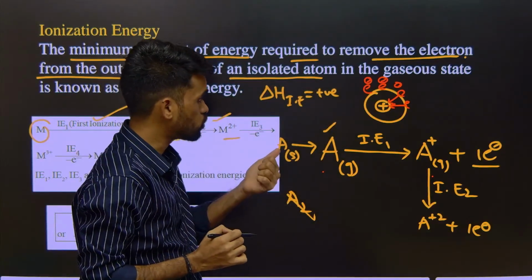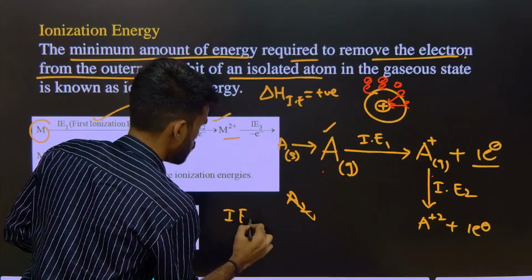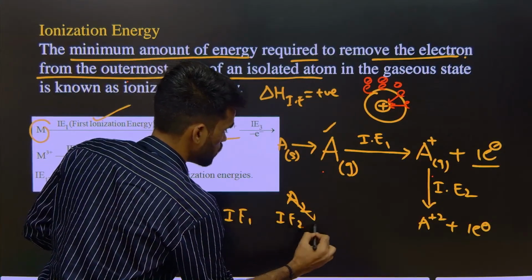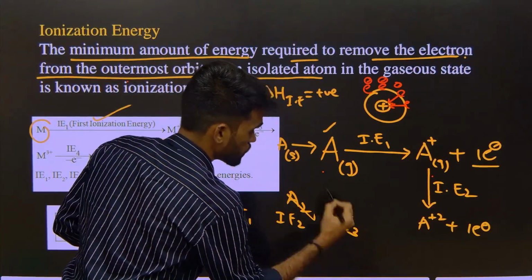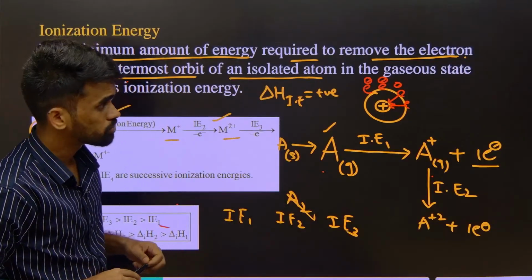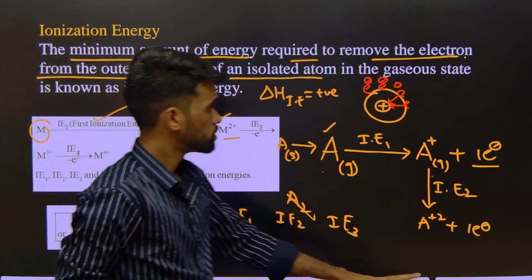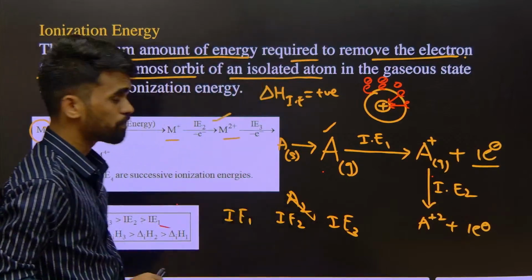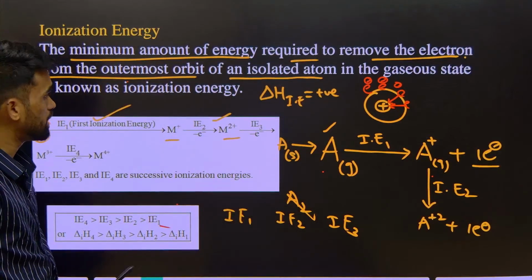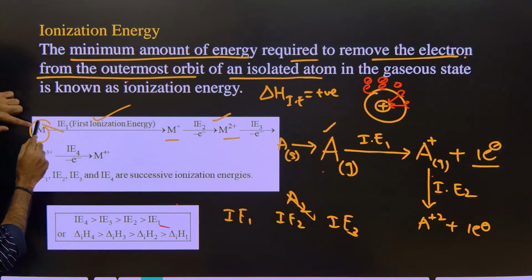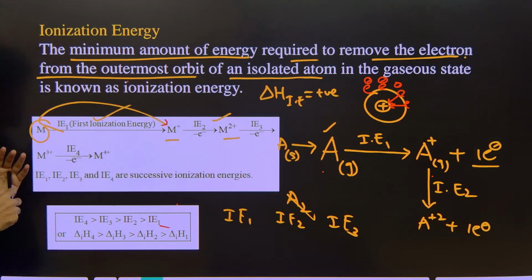Now I want to compare IE1, IE2, IE3 for a process. So tell me which is maximum? IE3. Why? First of all, we are removing one electron from the neutral atom, that is fine.